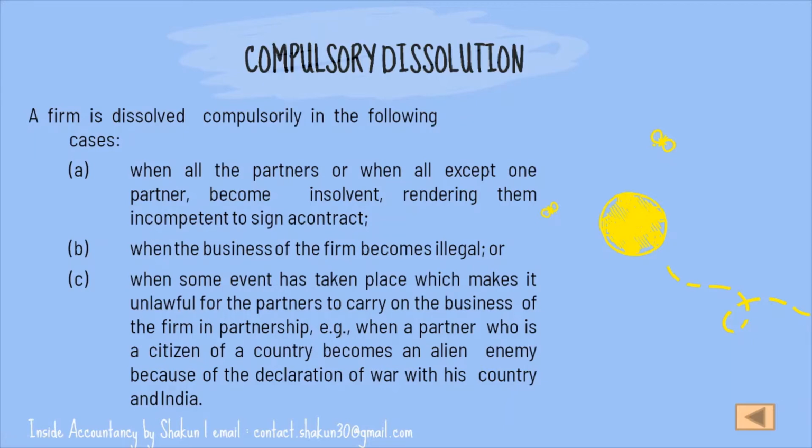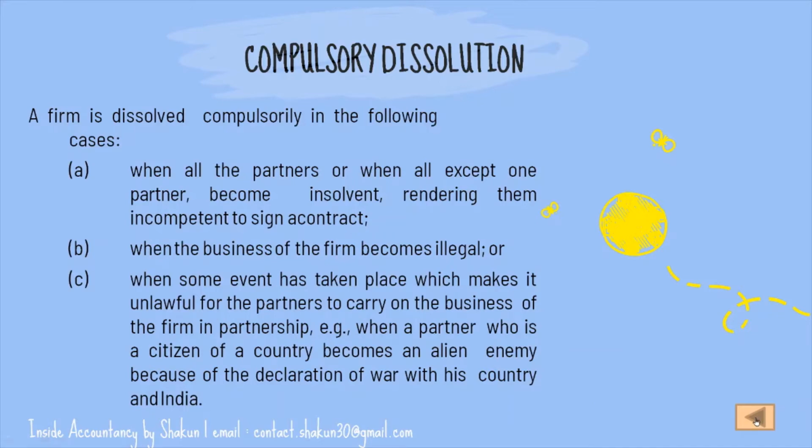For example, when a partner who is a citizen of a country becomes an alien enemy because of the declaration of war with his country and India, in that case, the business becomes unlawful, and it must result in compulsory dissolution of the firm.